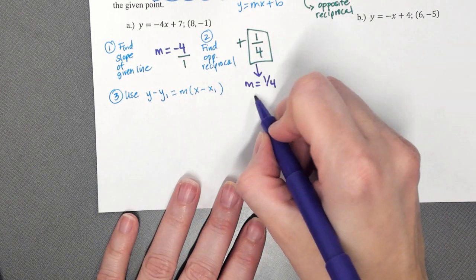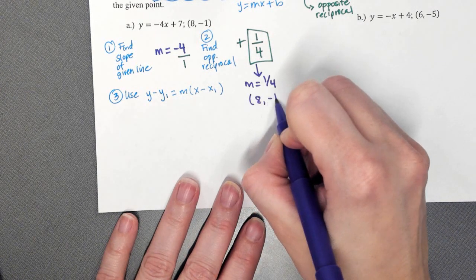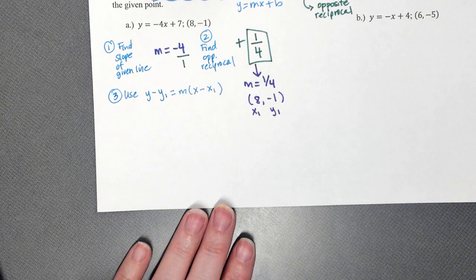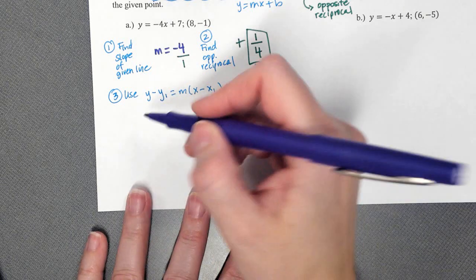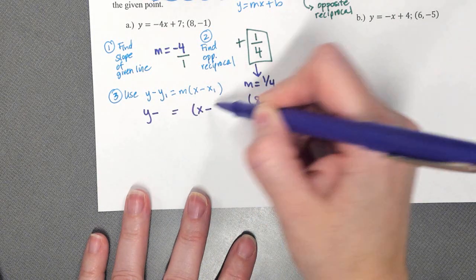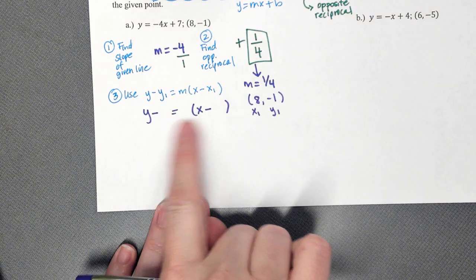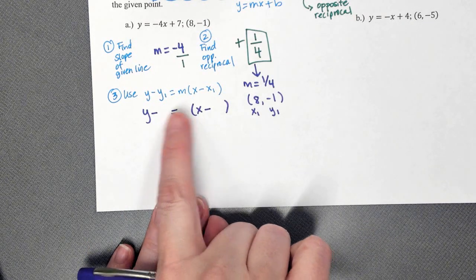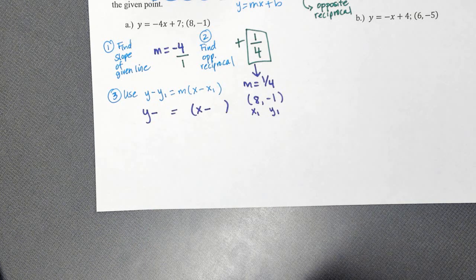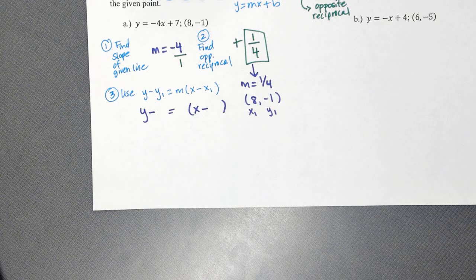And remember, they're always going to give you a point, which is going to be your x1, y1. So go ahead and plug that in. Sometimes I think it's helpful to set it up like this, because you are plugging in these three values, and that can really help if you're struggling with the negative to positive, positive to negative.